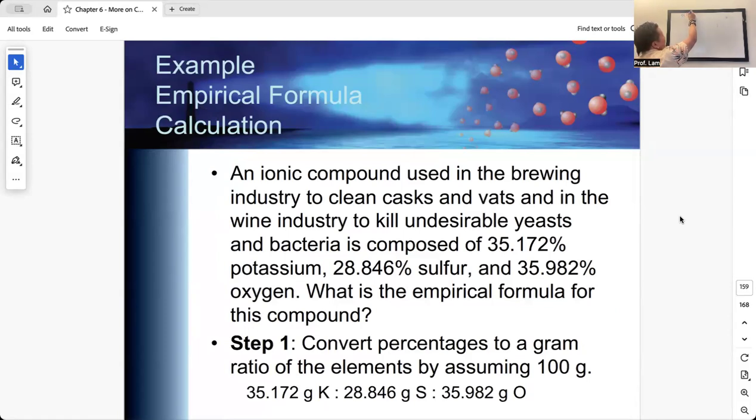So we have 35.172 percent of potassium, 28.846% sulfur, and 35.982% of oxygen.